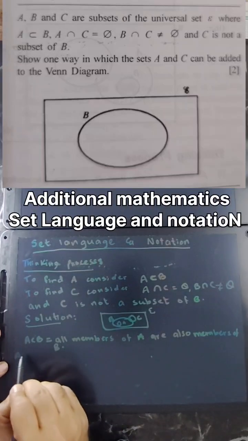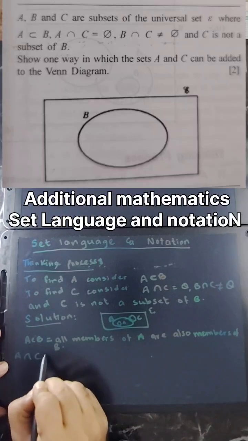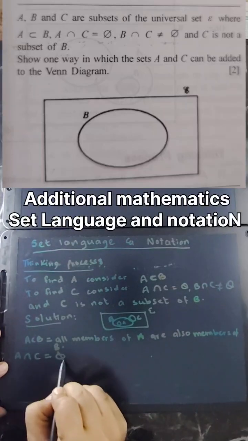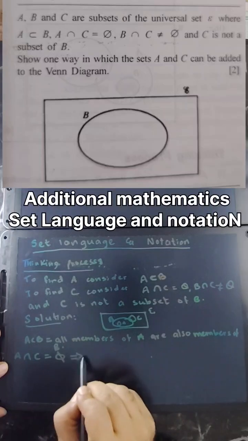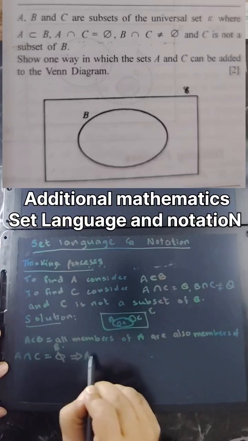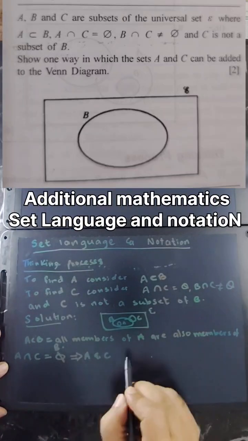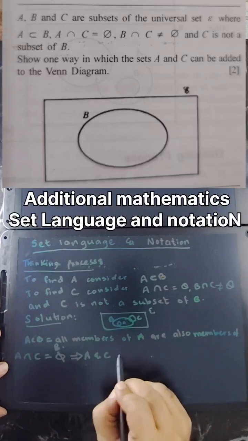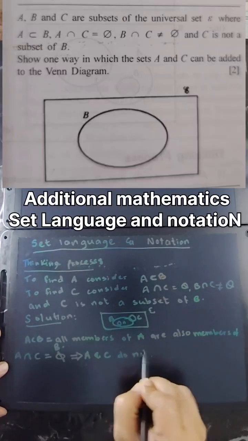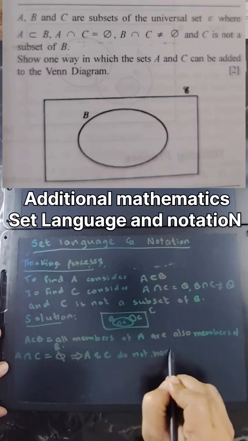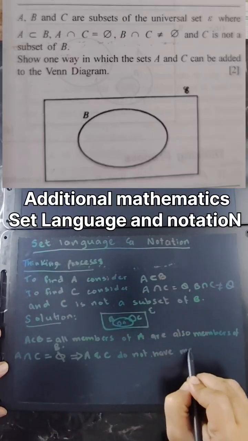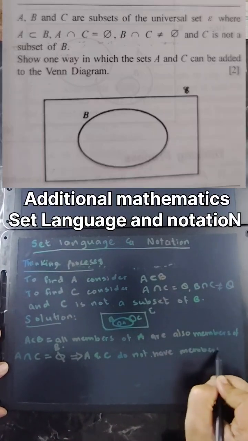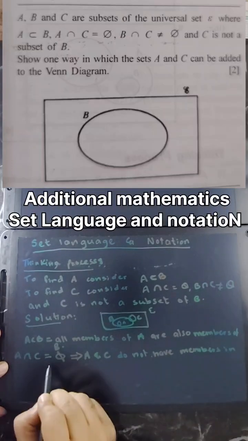If we say A intersection C equals null, what does it mean? It means A and C do not have members in common.